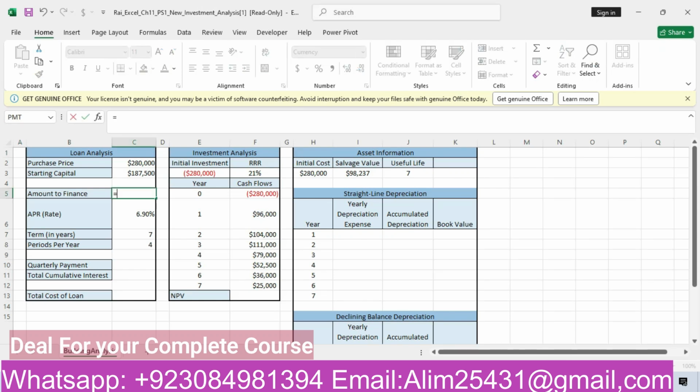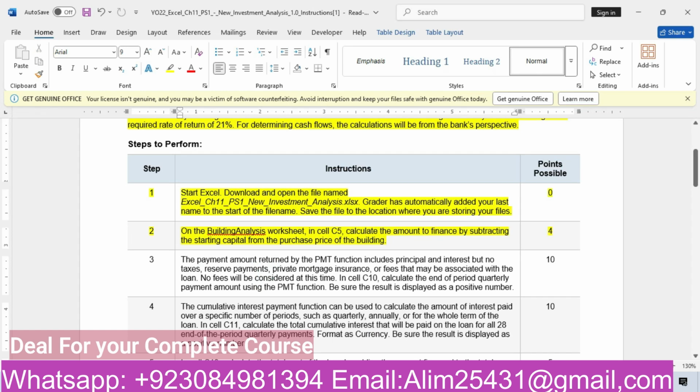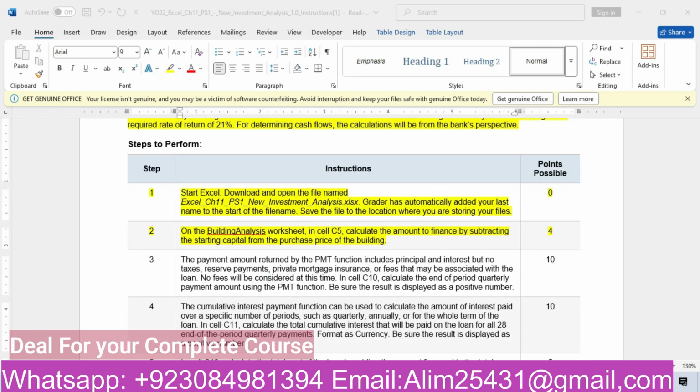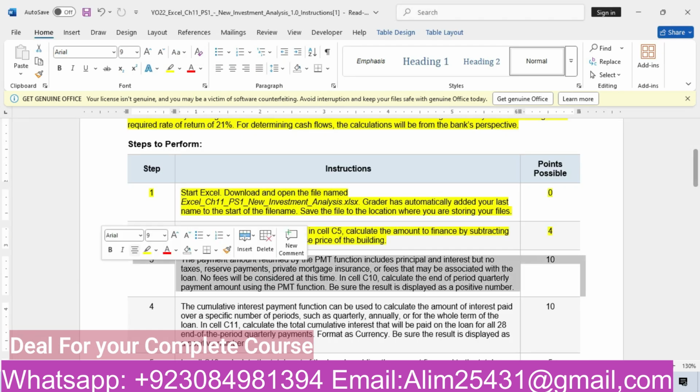We will put equal to the purchase price of the building, C2, minus starting capital, C3. So our result will be $192,500. That's our result. That's our second step.